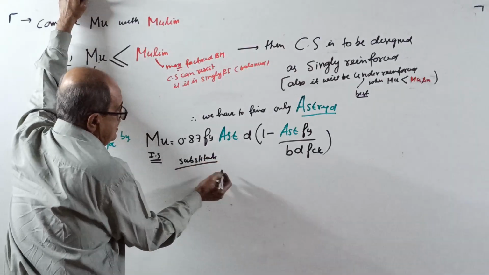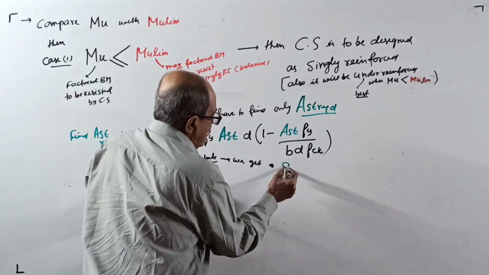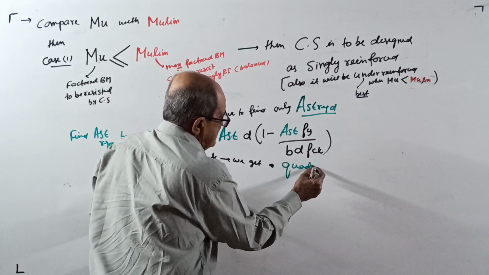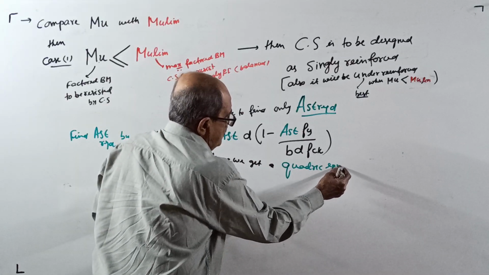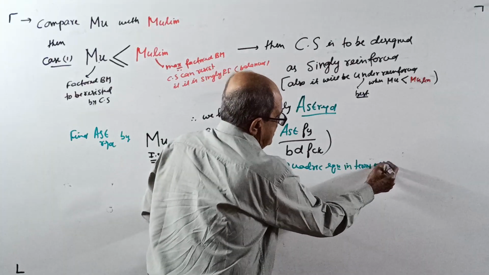Everything is known. Substitute. We get a quadratic equation in terms of AST.